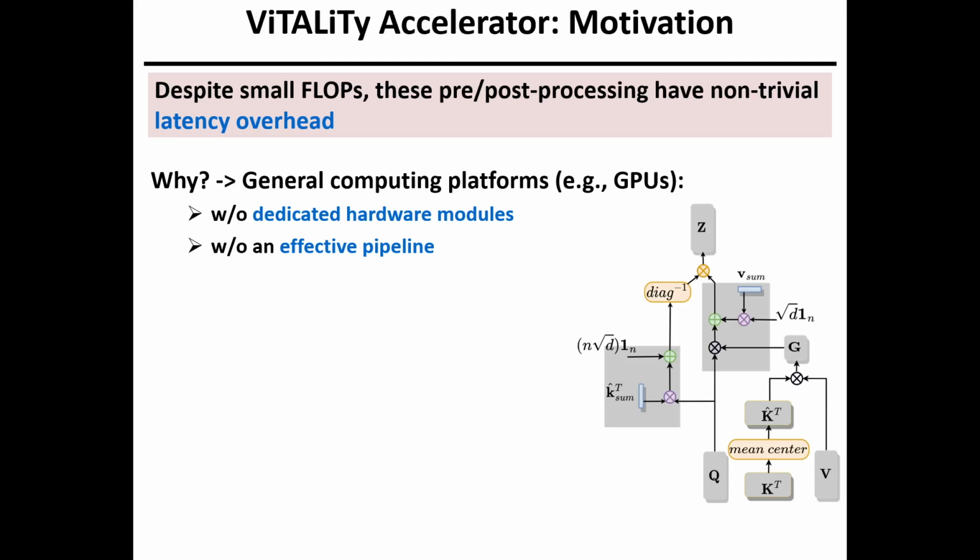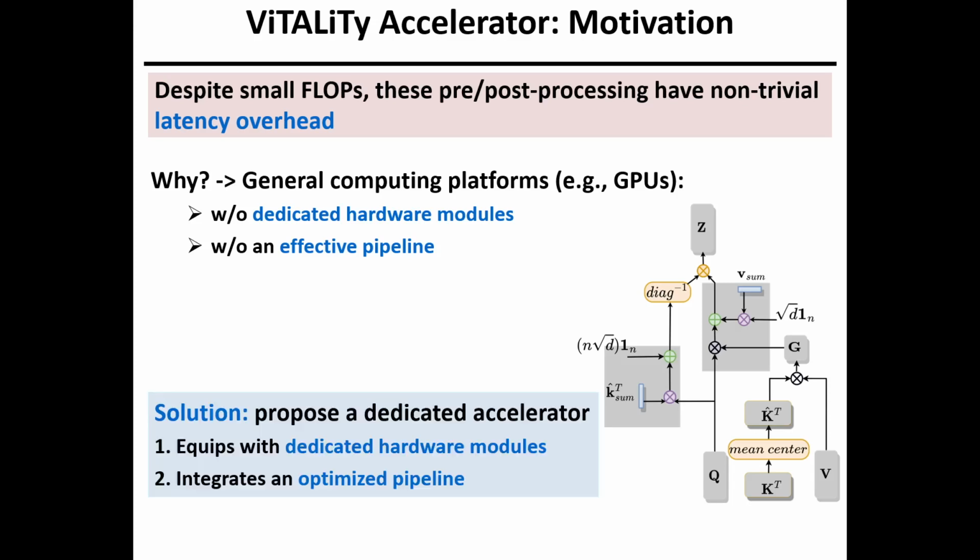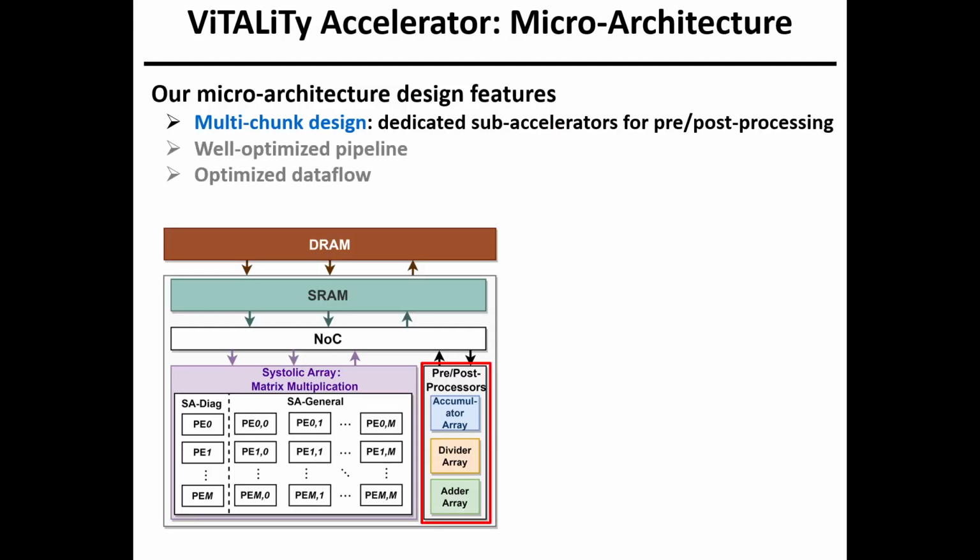This is because on general computing platforms, we do not have dedicated hardware modules to efficiently compute those pre-post-processing operations, and we do not have an effective pipeline to avoid the latency bottlenecks due to new data dependencies introduced by these operations. This observation motivates us to build a dedicated accelerator that equips dedicated hardware modules and integrates an optimized pipeline to fully leverage our algorithm's potential.